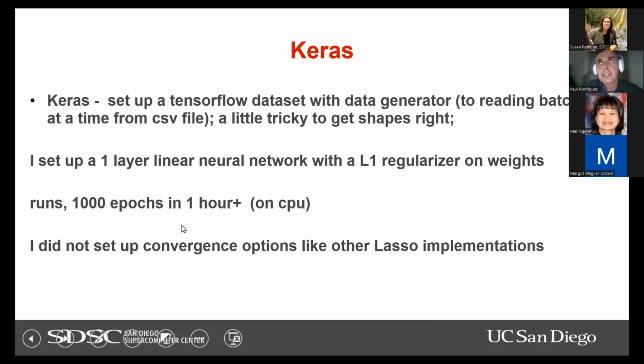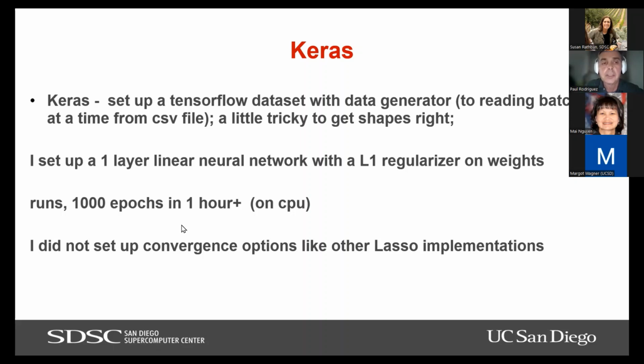Keras is built kind of for big data or to parallelize things really well. With Keras, there's something called a TensorFlow dataset object that you can use as a data generator to read batches at a time from a file. It's a little bit tricky though to get the shapes right.